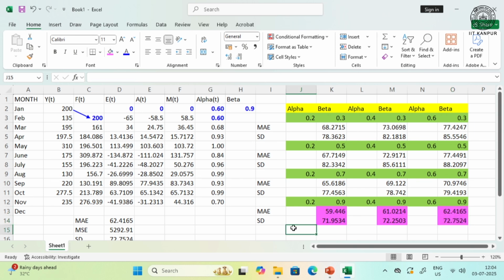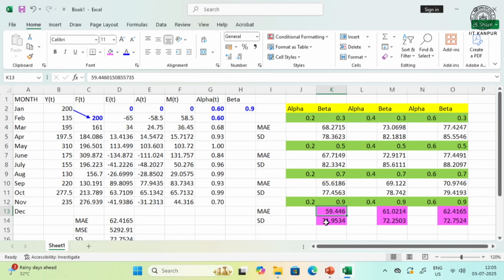But interestingly, as you keep increasing the value of alpha from 0.2 to 0.4, 0.4 to 0.6, the error values are increasing, which means I try to keep alpha as low as possible and beta as high as possible. Because with beta 0.9 and alpha 0.2, you are getting the minimum values, 59.446 and 71.9534.